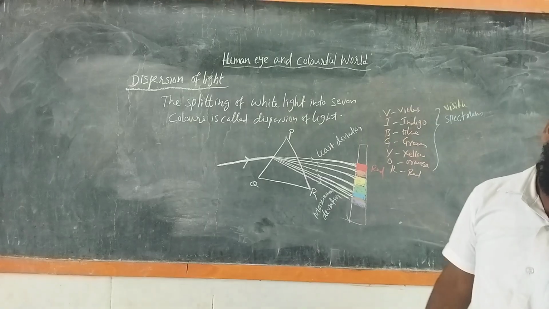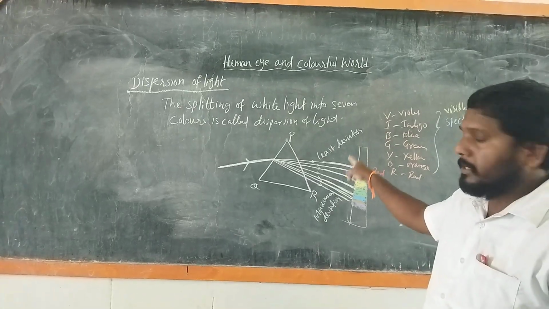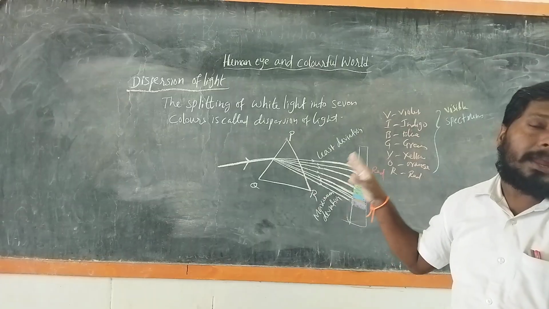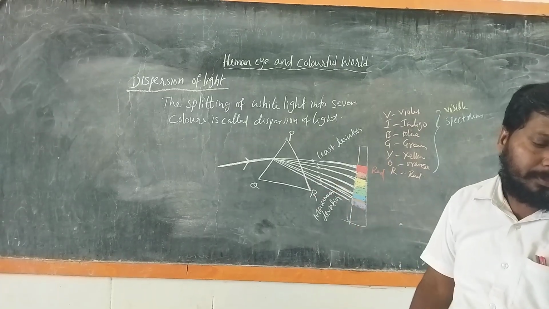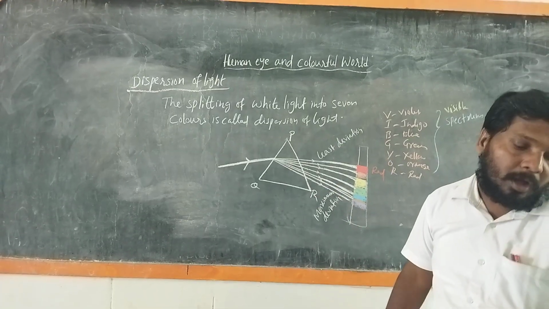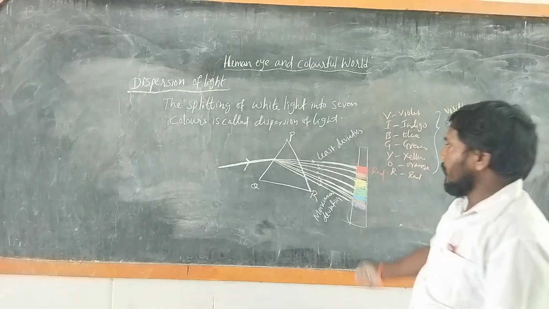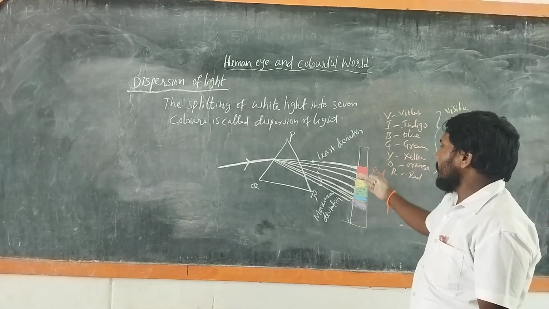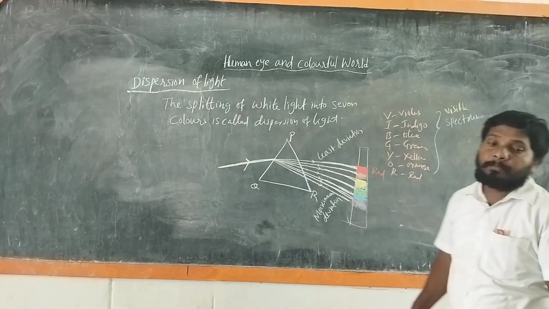A beam of white light is passed through a glass prism PQ. This beam of white light splits on entering the glass prism and forms a broad patch of 7 colors on the screen. This band of 7 colors is called a spectrum.